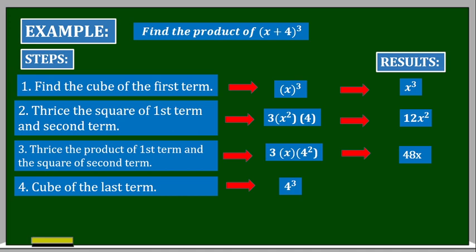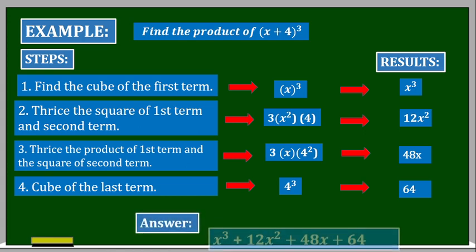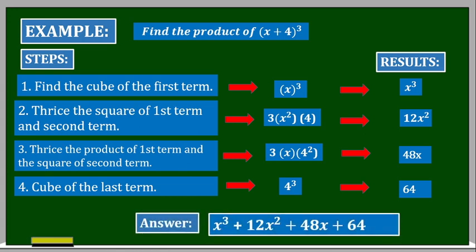So, 4 times 4 is 16 times 4 is 64. So, final answer, we have x cubed plus 12x squared plus 48x plus 64. Yan yung product of cube of a binomial x plus 4.